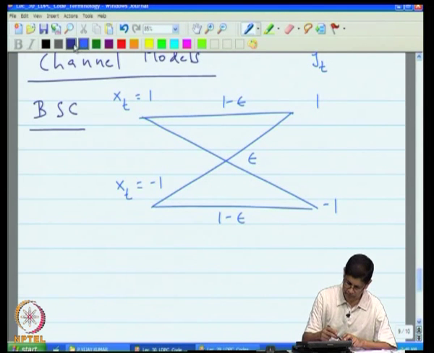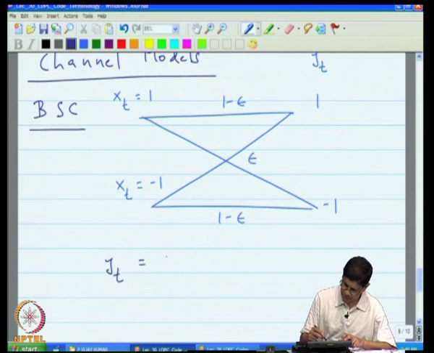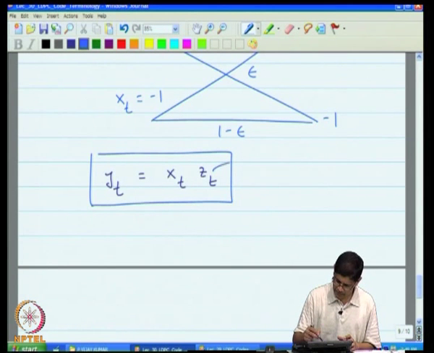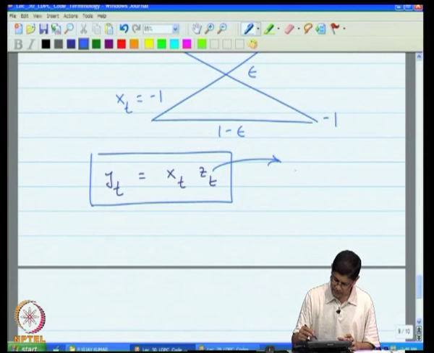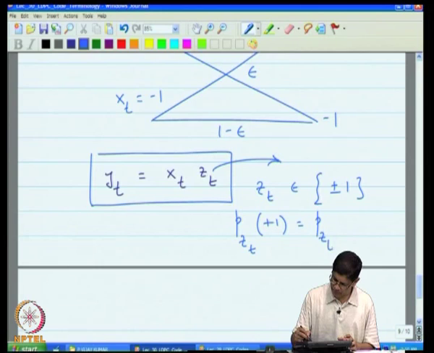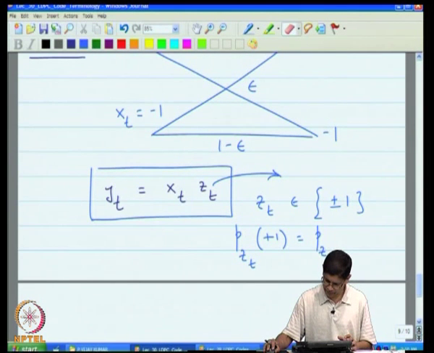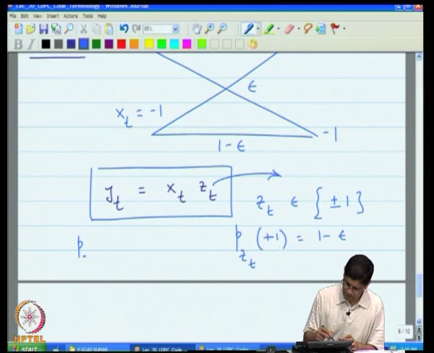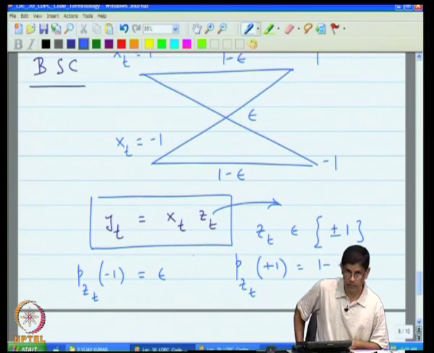We could represent y_t in the form x_t times z_t, where z_t is either plus or minus 1, and the probability of z_t taking on plus 1 equals 1 minus epsilon, and from that it is clear that the probability that z_t is equal to minus 1 is epsilon. Now, this terminology is a little different from what we have been used to.